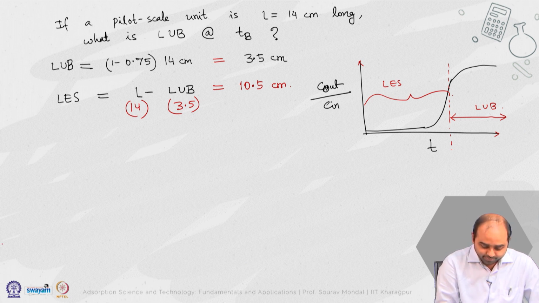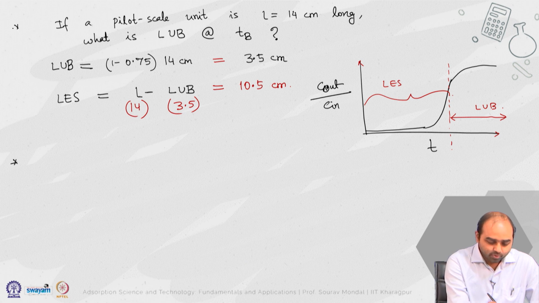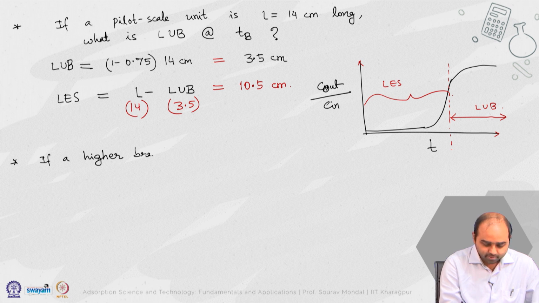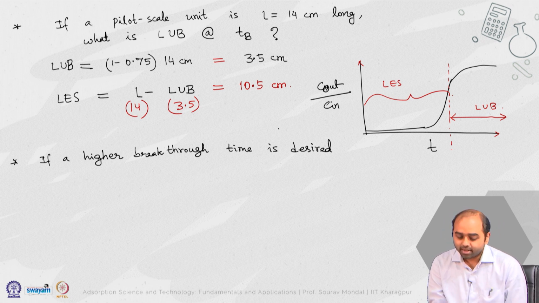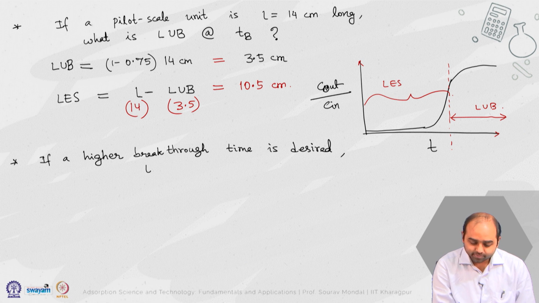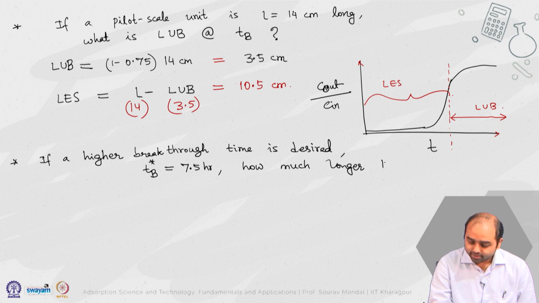Now the important scale up question that is posed here: if a higher breakthrough time is desired, let us say instead of 3.65 which is the previous case, now we want a new breakthrough time of 7.5 hours, how much longer should the bed be?